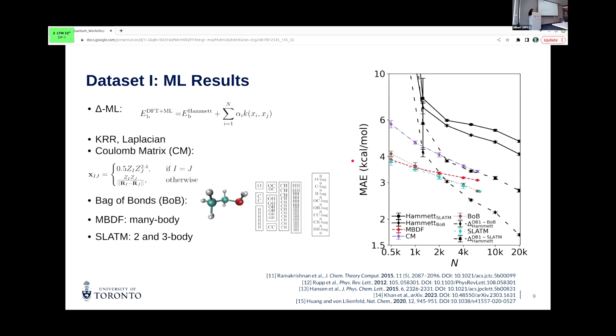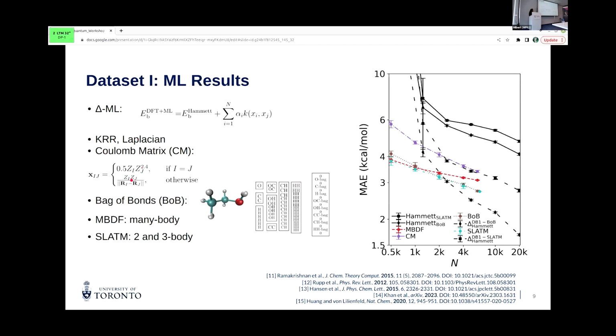So we moved on to compare our results to a well-known machine learning model, kernel ridge regression with Laplacian kernel, using learning curves. So maybe you're a little bit more familiar with learning curves now after Heine's presentation. And we tried different representations. The first one is the Coulomb matrix, which is the pairwise Coulomb potential between all the atoms in a molecule.